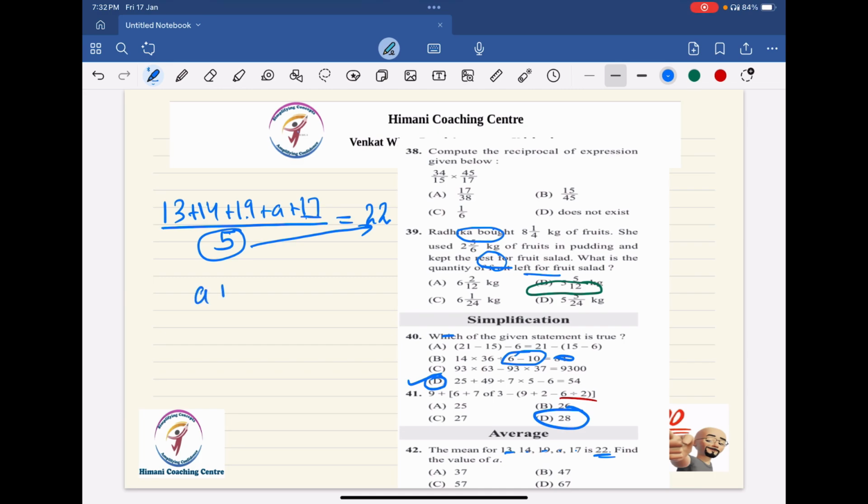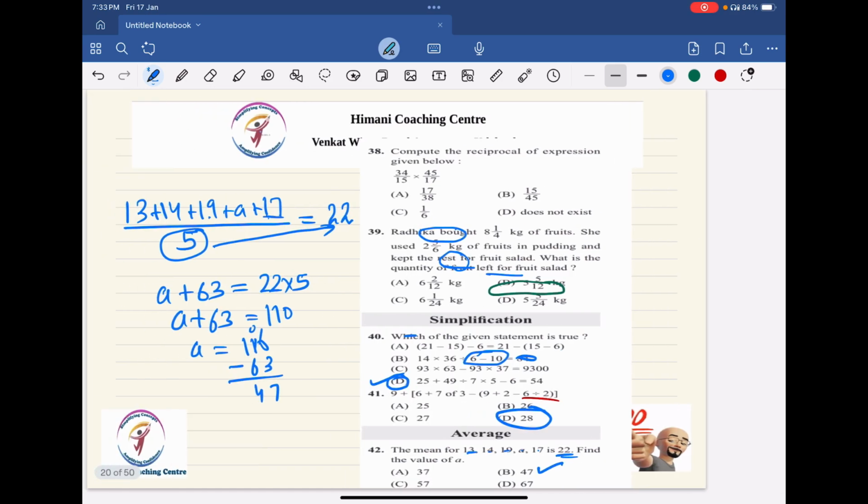So we get A plus 63 equals 22 into 5. So A plus 63 equals 110. A equals 110 minus 63. So 10 minus 3 is 7, and then 10 minus 6 is 4. So 47 is the answer.